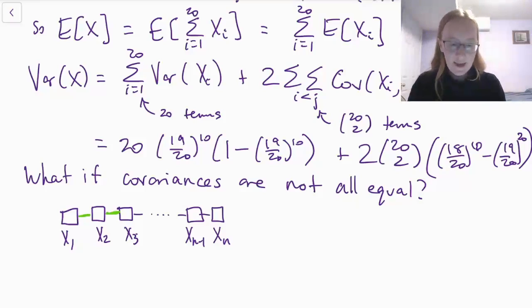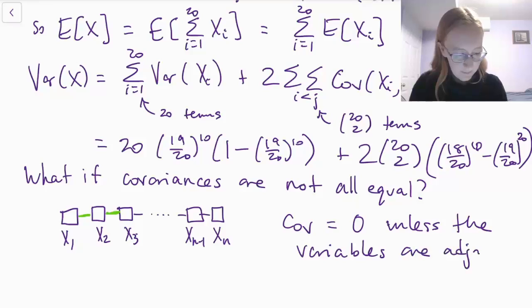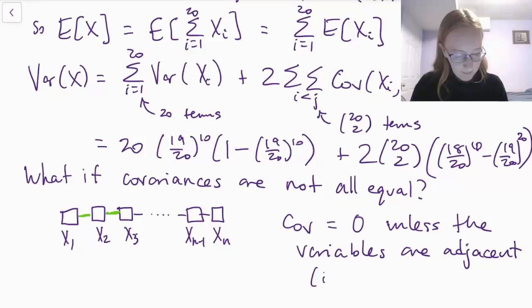So in this case, the covariance is going to equal 0 unless the variables are adjacent to each other. So like j equals i plus 1 or i minus 1. j equals i plus or minus 1.